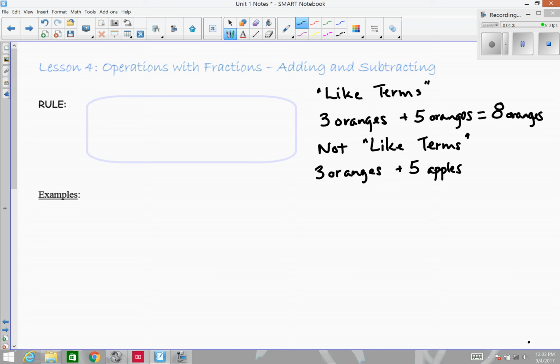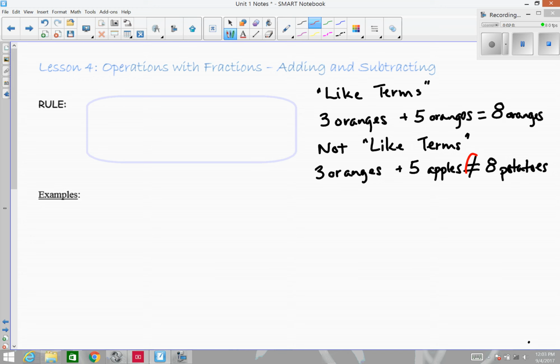And because they are not the same kind of thing, we could not group them together. So you could not add them together and say you had 8 of some other things. In fact, to add apples and oranges together and say you got 8 would be almost like saying you had 8 potatoes. Obviously not the same thing, so you could not do that.